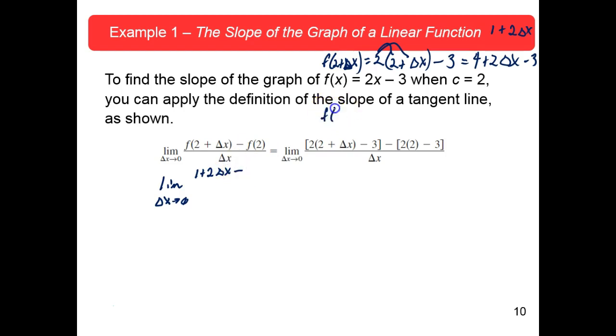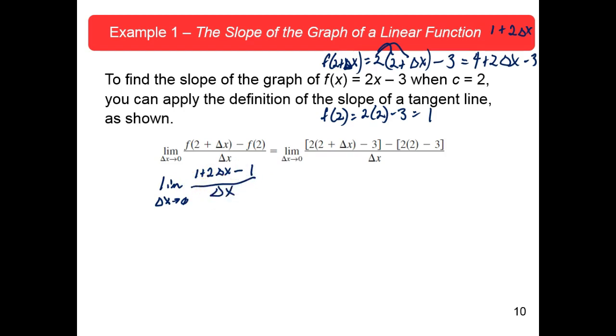Well, now let's do what f of 2 is. And what would that be? 2 times 2 minus 3, and that would be 1, okay? 4 minus 3 is 1. So minus 1 over delta x.